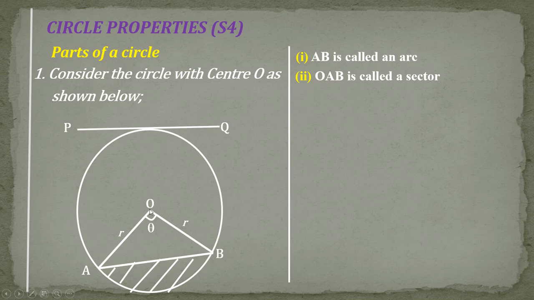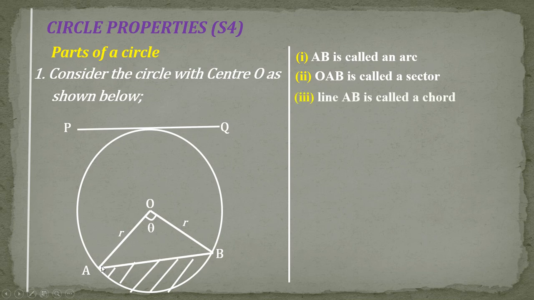Now from the point O to the point A along this curved path to the point B and again to O, this curved path here that starts from O up to A, then you move along this curved end here back to O, is what we call a sector.